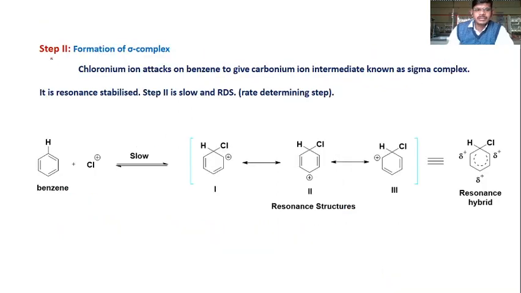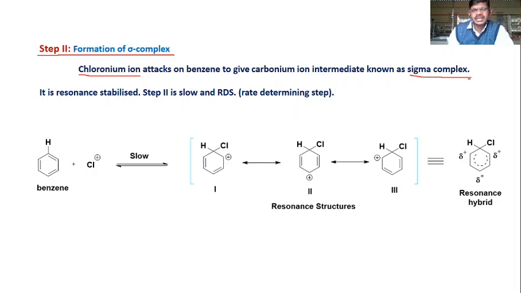Then the mechanism involves the second step, that is the formation of the sigma complex. The formed chloronium ion attacks the benzene ring to give the carbonium ion intermediate, and that intermediate is known as the sigma complex.